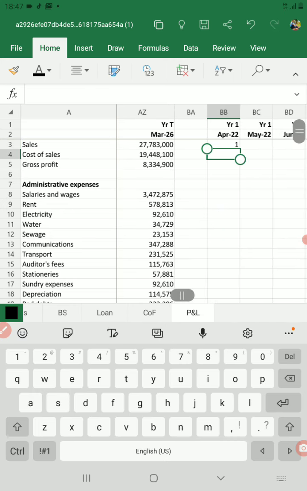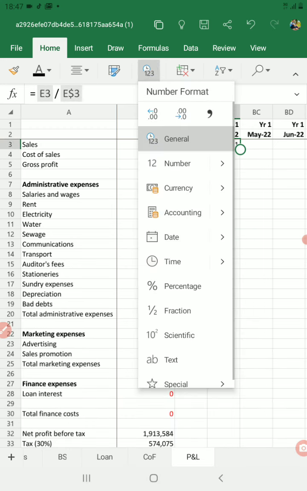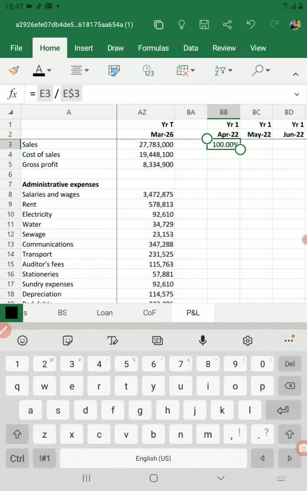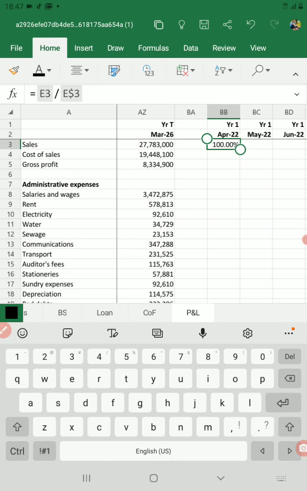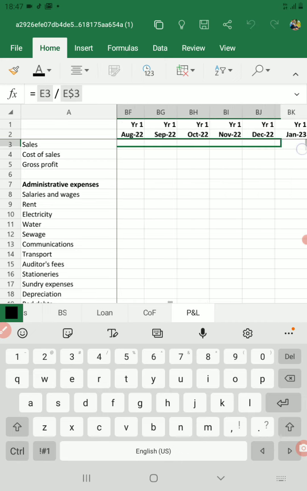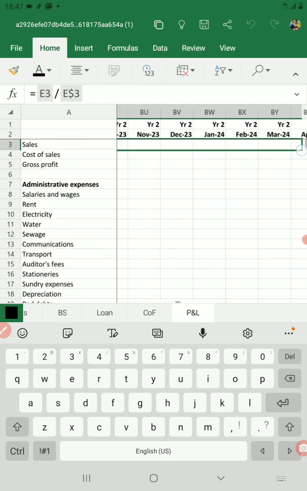Okay, so we already have that, and let me convert this into percentage terms. Sales divided by itself, so it's 100%. And now I can drag this, so I tap to fill to the end of our projection period.